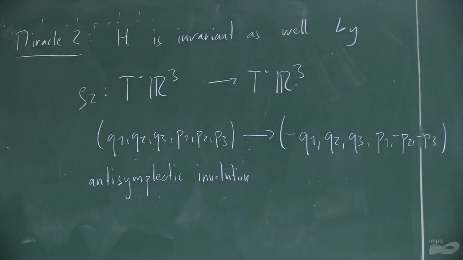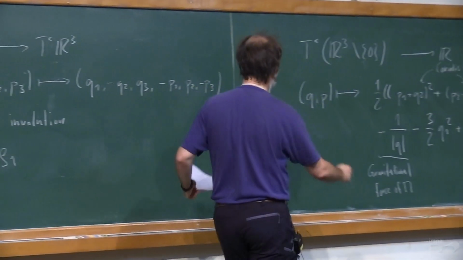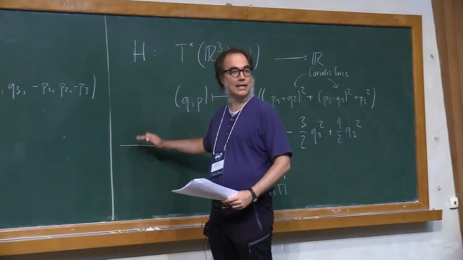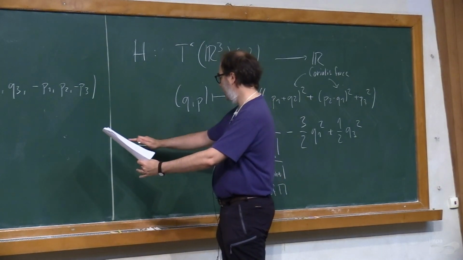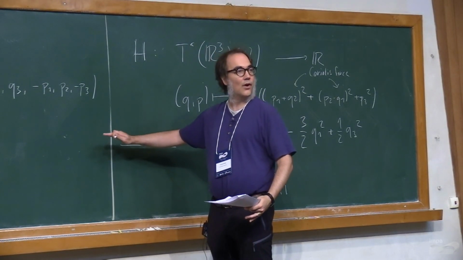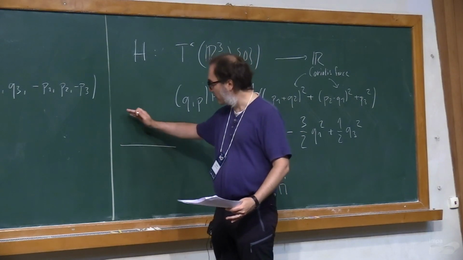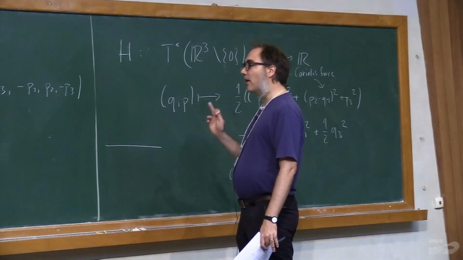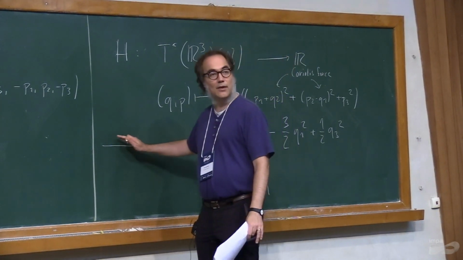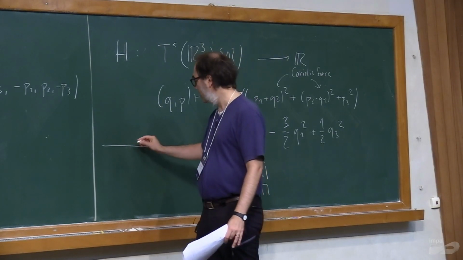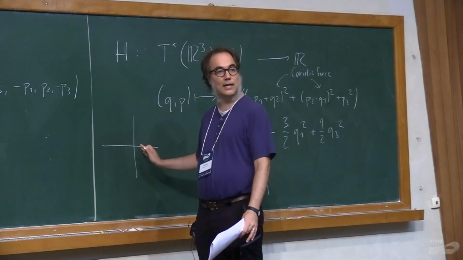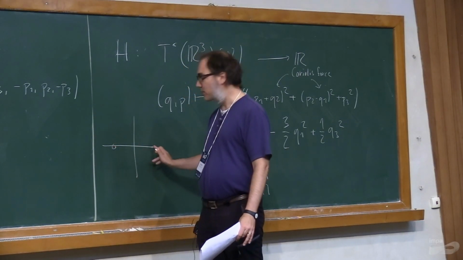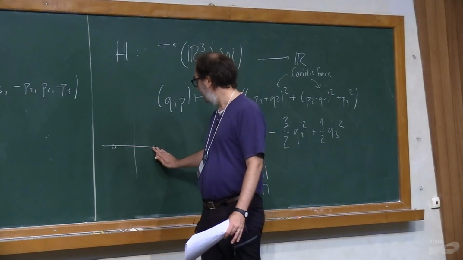So the old symplectic involution corresponds to reflection at the q1 axis, the x-axis, and this is because the Earth and the Moon were on this axis, so you have reflection invariance with respect to this axis. But the third involution, we don't have in the restricted three-body problem, because this corresponds to reflection at the y-axis, and in the old problem this was of course not invariant under this reflection.